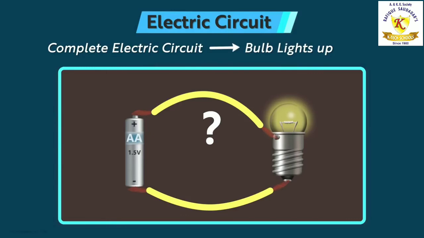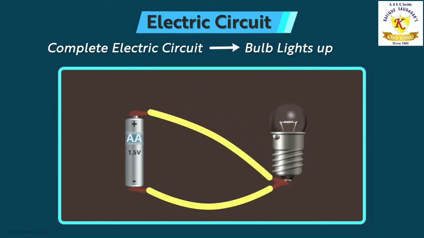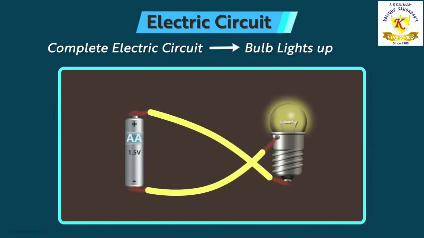But is this the only way for the circuit to be complete? Well, if we interchange the wires connected to the two terminals of the bulb, then the circuit is still complete. So the bulb will still glow.